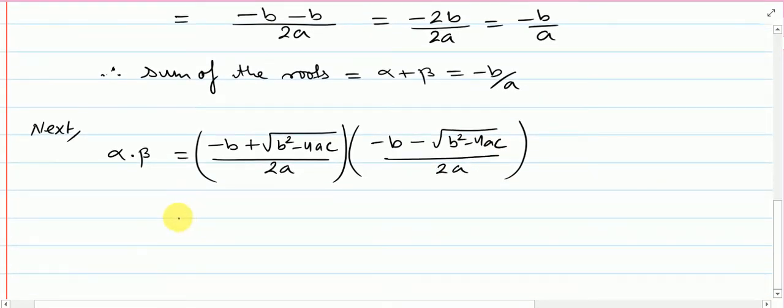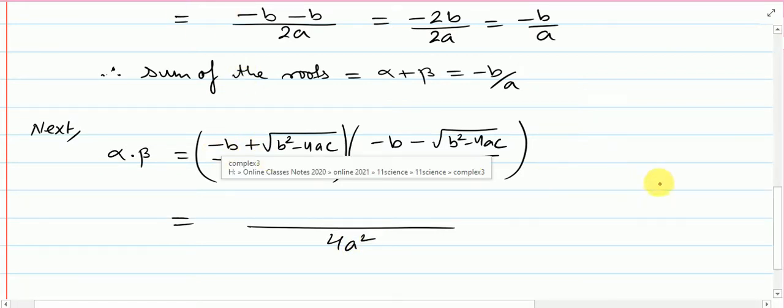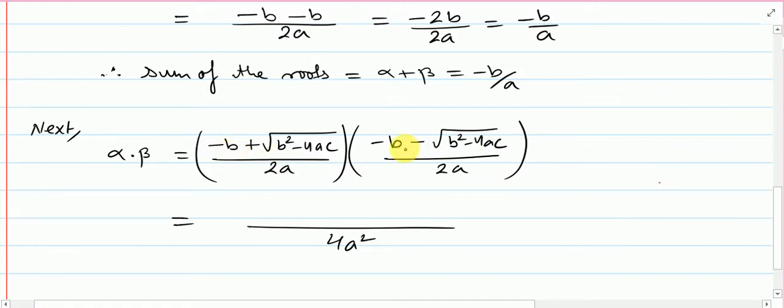So in the denominator 2a into 2a you will get 4a square, and here in the numerator you see that here you have minus b, here minus b, here you have plus and here minus.